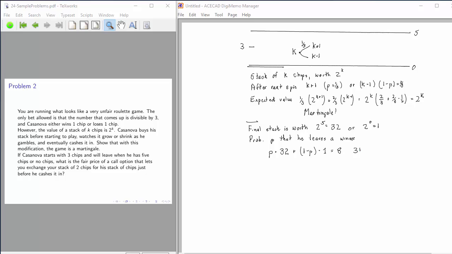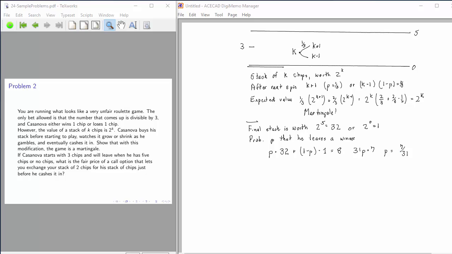In other words, 31P is equal to 7, and the probability that he leaves a winner must be 7/31. Interestingly, we have managed to figure out the probability of leaving a winner in this unsymmetric martingale, where the probability of going up is 1/3, the probability of going down is 2/3.